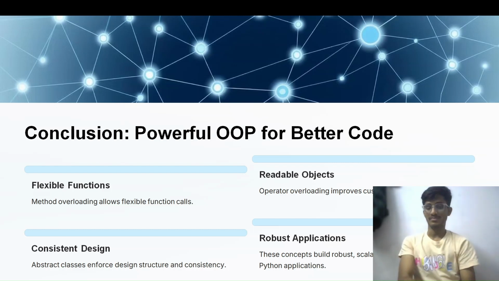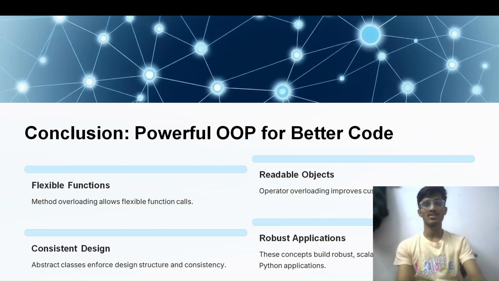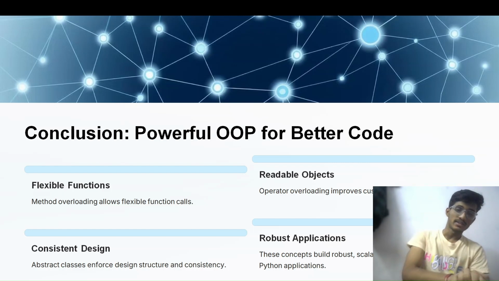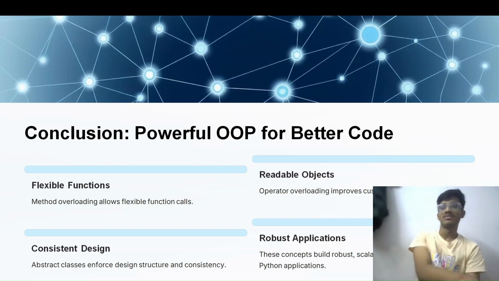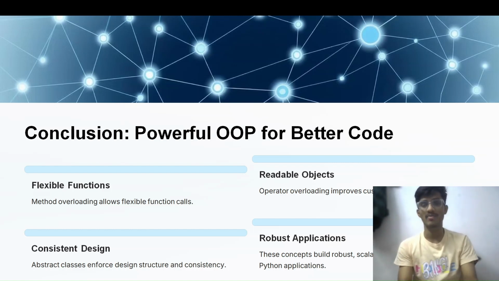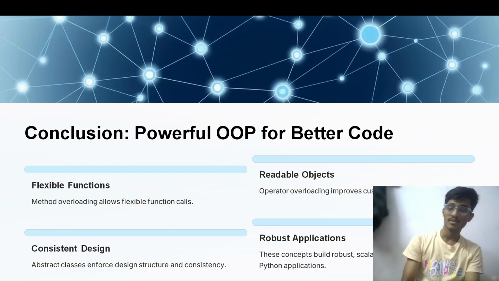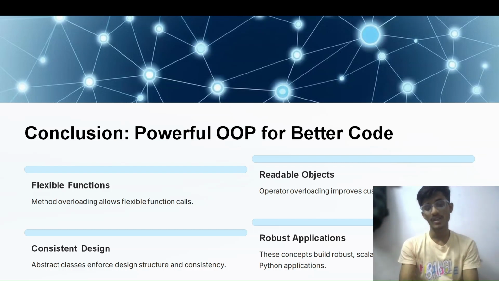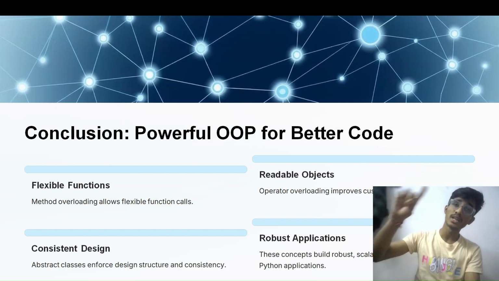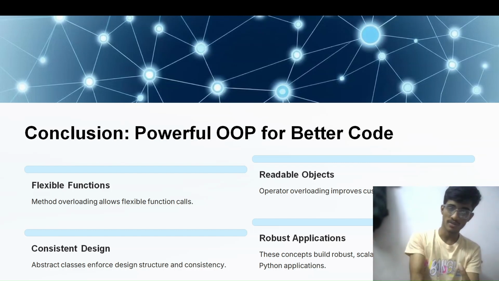So I'll wind up the topic, and I'll go over what we covered in this video and some things you should do to understand more of it. I mentioned method overloading, operator overloading, and abstract class. Method overloading is not in Python, but it can be emulated using default arguments.